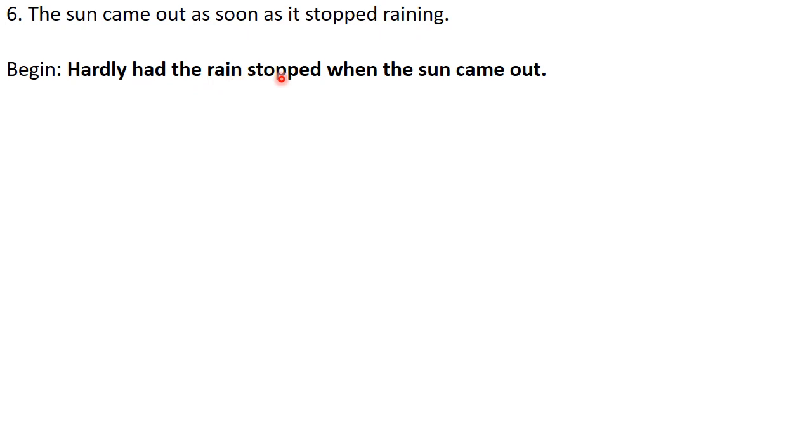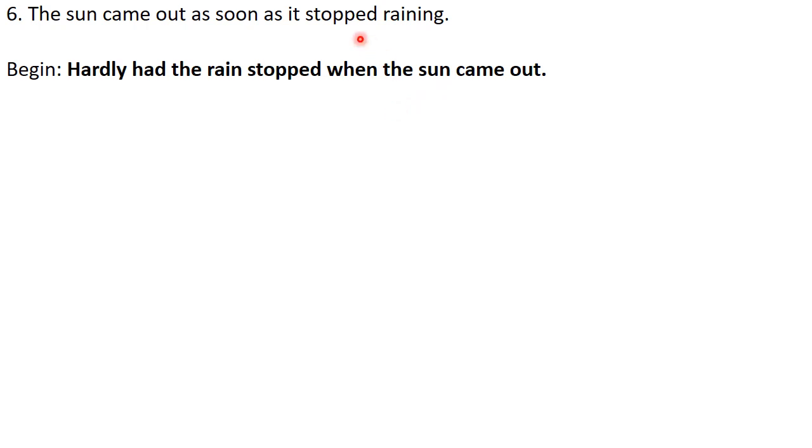Hardly had the rain stopped. Okay? So here it says stopped raining. So hardly had the rain stopped. Then you have to put when, the second action, the sun came out. Okay?